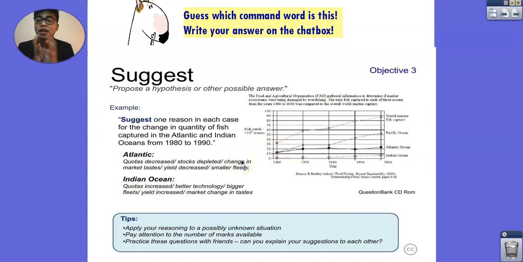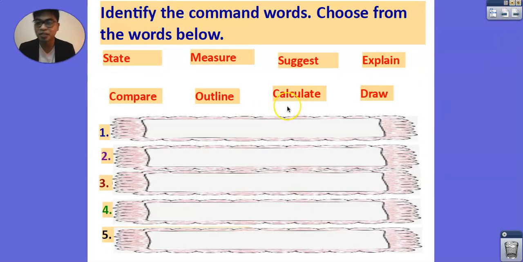So even though it is an opinionated answer, even if it's just your wild guess, it needs to be supported by data, by a fact, by knowledge. And if it asks you from a graph, it needs to be supported or explained by the graph. So we have suggestion or suggest.